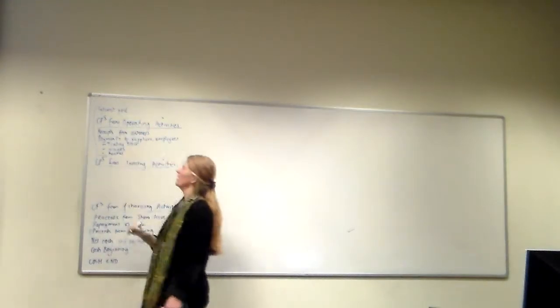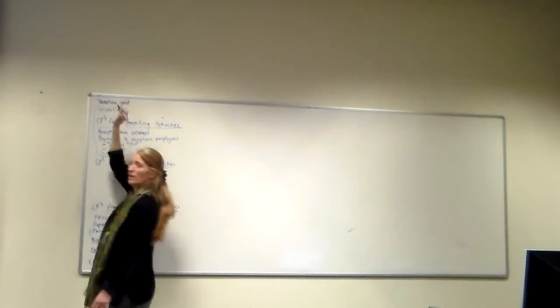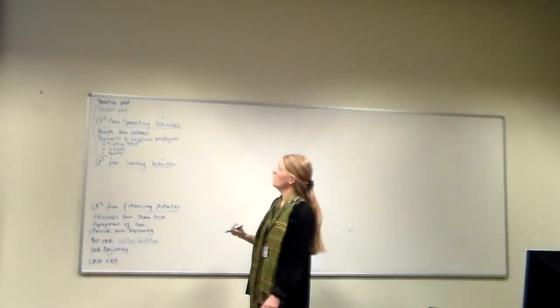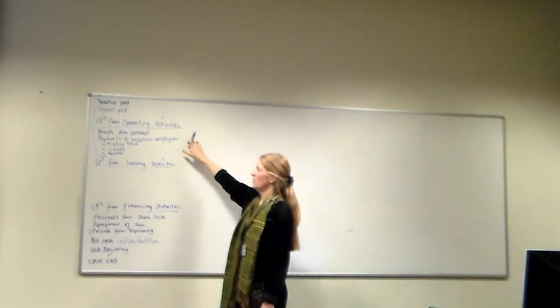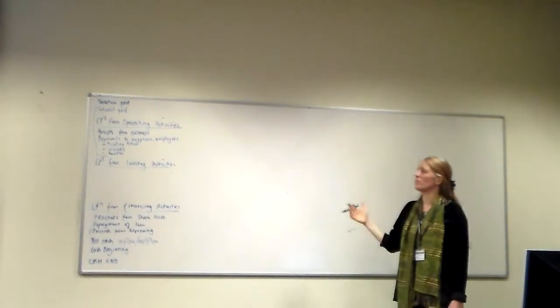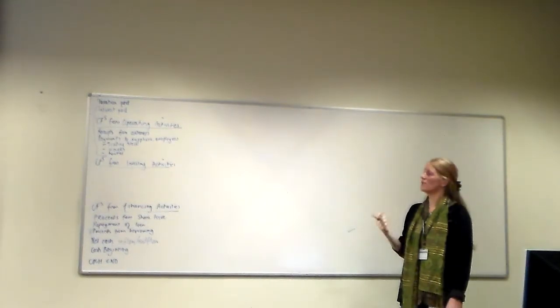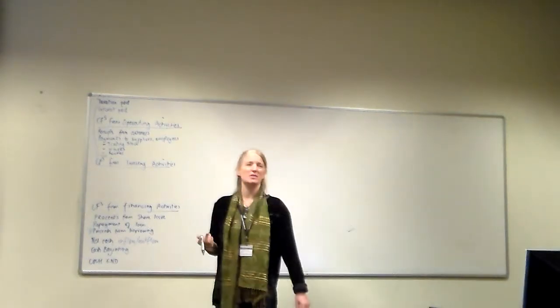So interest paid must be shown separately. Taxation paid must be shown separately. So what I'm saying is that this figure here is made up of quite a number of calculations. So what did you pay for trading stock? What did you pay for wages? What did you pay for rent, for example?